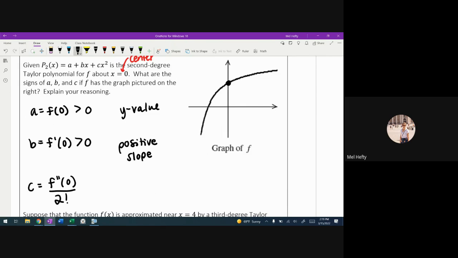What are your thoughts on this graph? Concave down. So what sign does this have? Notice I can connect material that we did even as early as AB calculus to a Taylor polynomial. Also, just FYI, you have 6 free responses on the AP test. Almost guaranteed Taylor series is one of them.